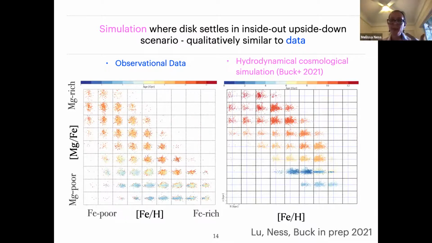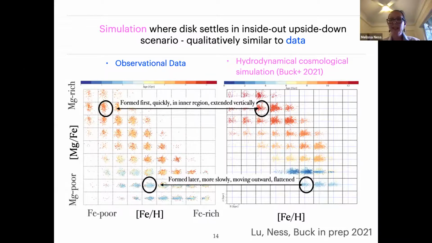This has been sampled in the same way that the data has been observed, and we can see that qualitatively we reproduce these trends, okay, across the supernovae plane, where the stars are formed first quickly in the inner region, extended vertically, and where they're formed later, more slowly, further out in the disk, and more of a flat distribution.